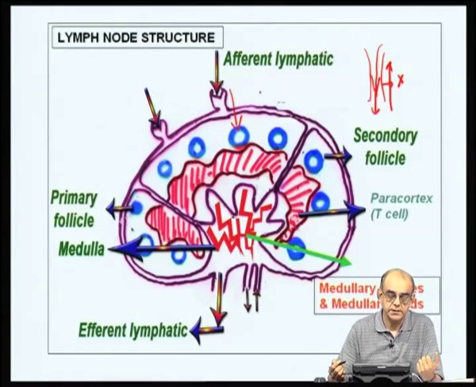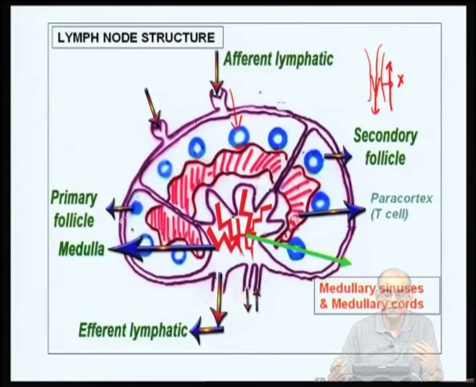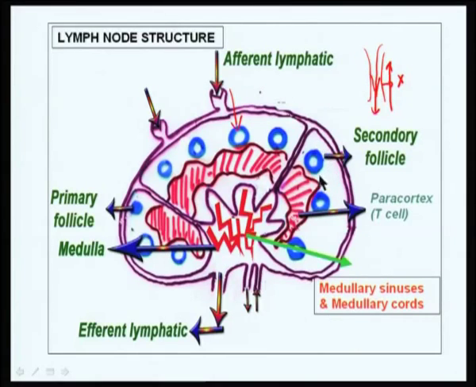Now, this process results in the activation of the T cells, which then secrete lymphokines that help the B cells to proliferate, such as IL-4 and so on. This proliferation of B cells results in the formation of the secondary lymphoid follicle.